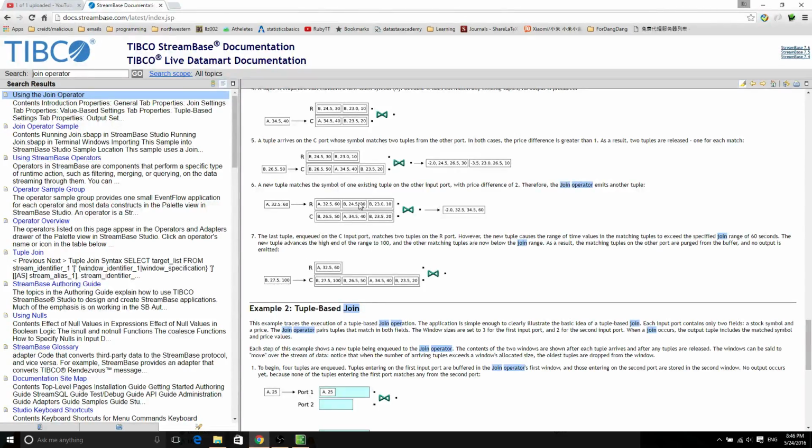Those values are dropped before it outputs anything. Now B is in the second input stream, and this one doesn't really match with it, therefore there's no output. This stream doesn't get dropped because it's within the 60-second range of the tuple over here. Those two are also within the 60-second range.